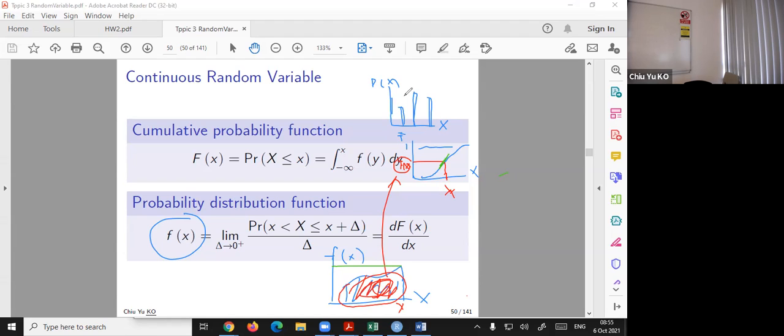And with small f, how do we calculate probability? For the discrete version with p, it's easy: the height is the probability. But for a continuous random variable, you have to calculate the area. If we're asking what's the probability from one point to the other, we calculate the area under this graph. Let's see an example. Later you will see how we do the calculation.